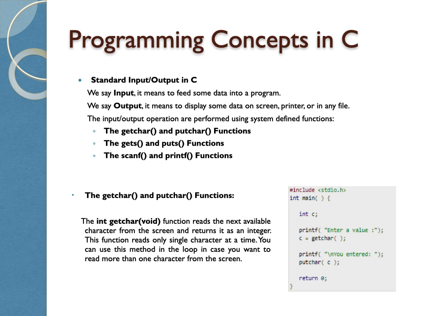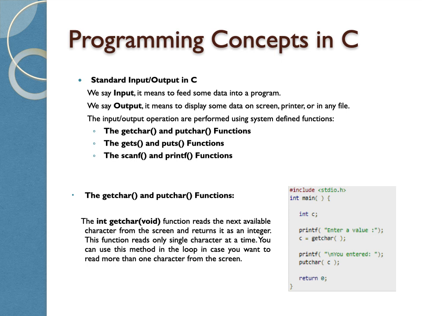Now come to the first line written in the main function, int c. It's a declaration of a variable of type integer whose value is entered at runtime, and to do so we are using the getchar function. The getchar function will get the information which is entered at runtime, but you should remember that it will get a single character at that time.